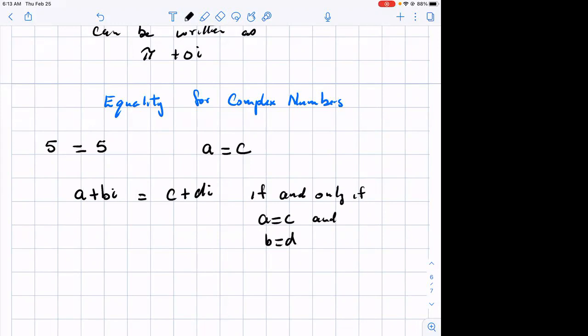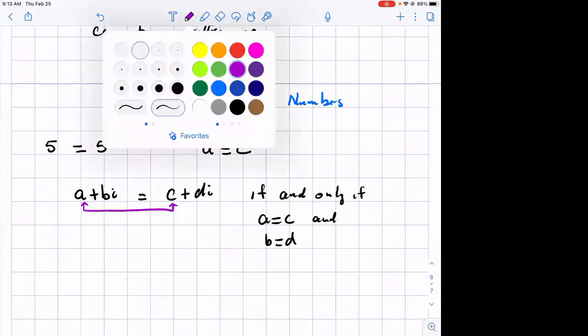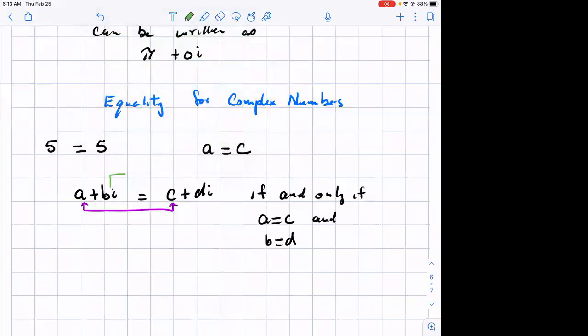So this is what's being drawn out here. These two things have to be alike because that's the real part, and in addition, the imaginary part must be alike. That's the only way this is equal.